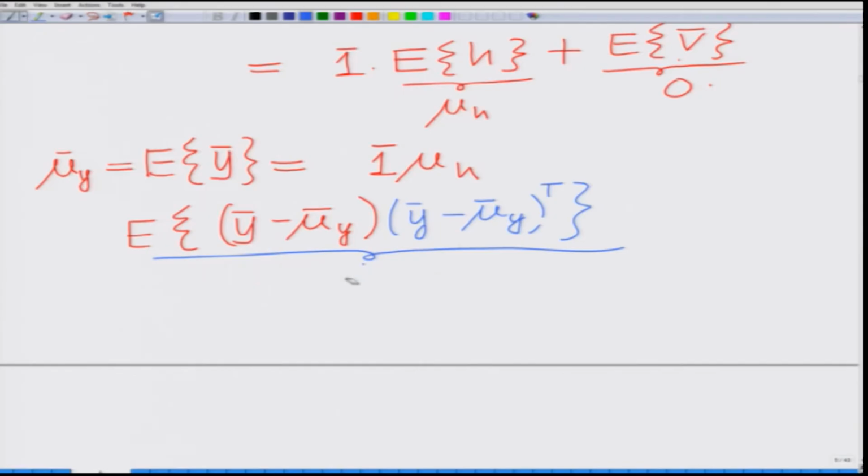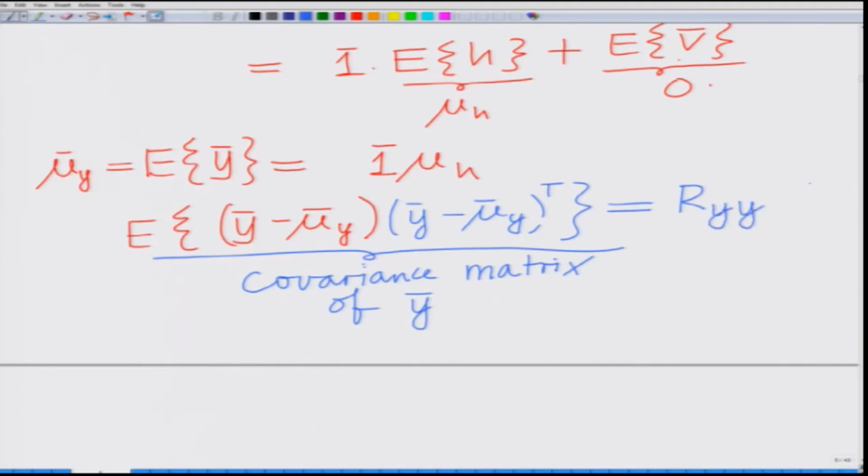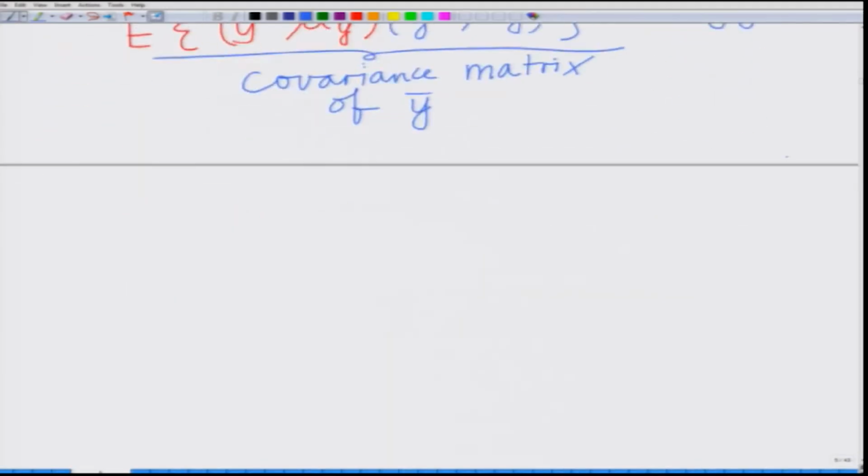This is the covariance matrix of the observation vector y bar. It is also denoted, if you remember our notation, by capital R y y, which is equal to, now let us substitute this.